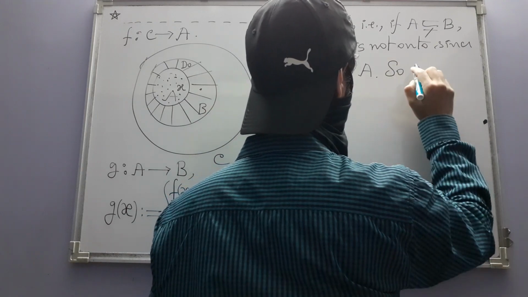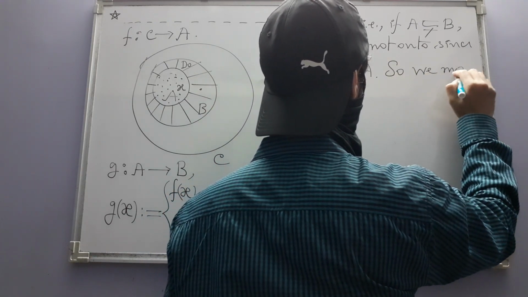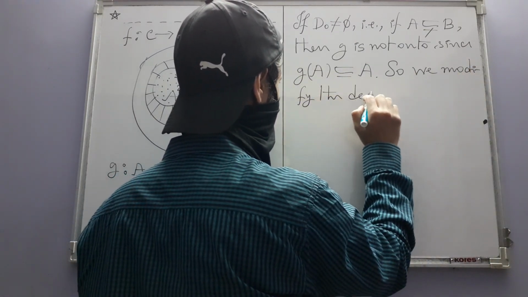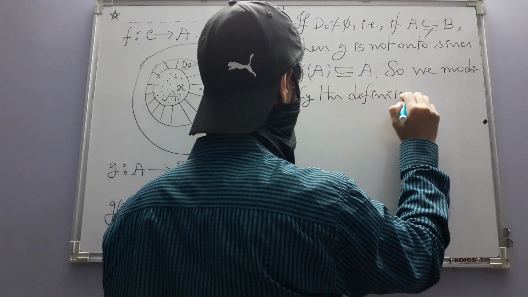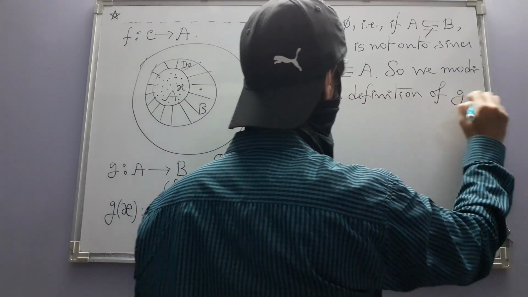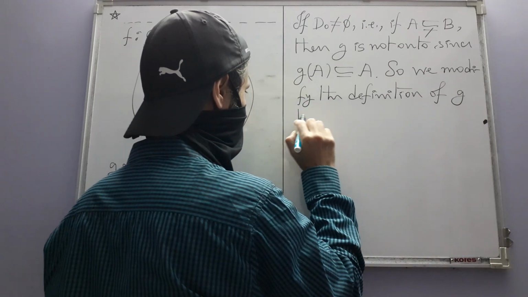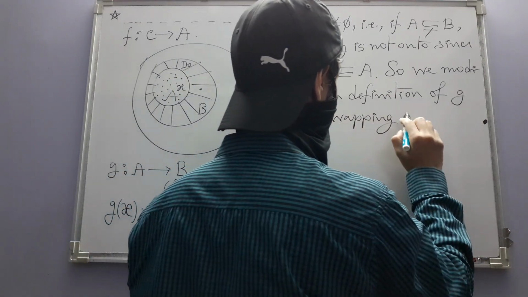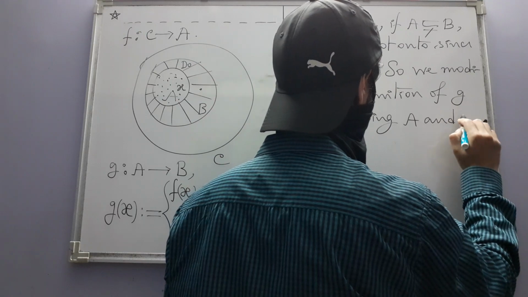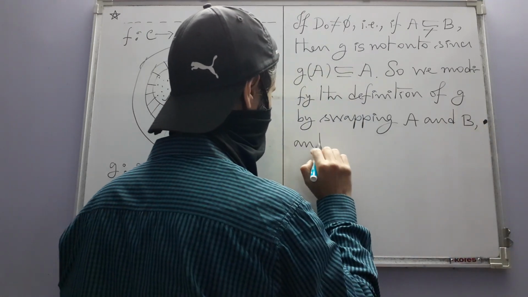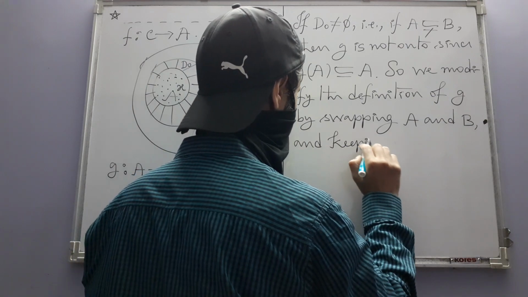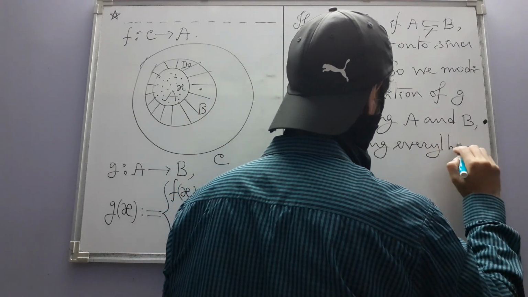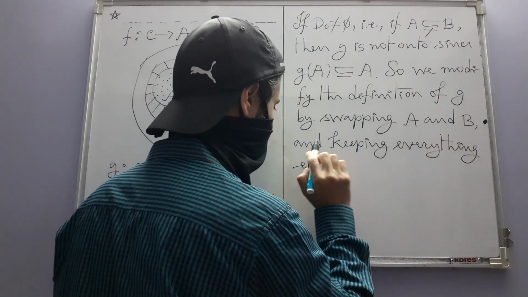So we modify the definition of g by swapping A and B and keeping everything else the same.